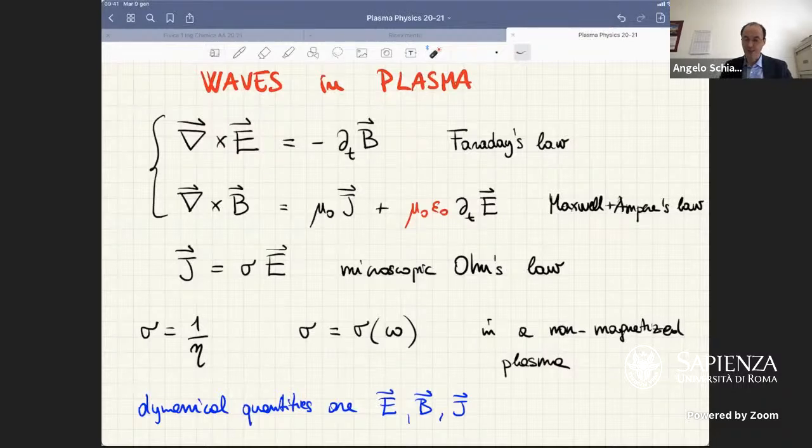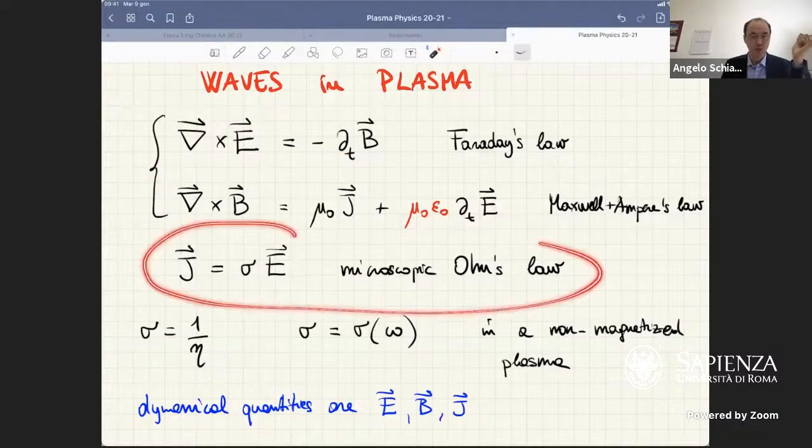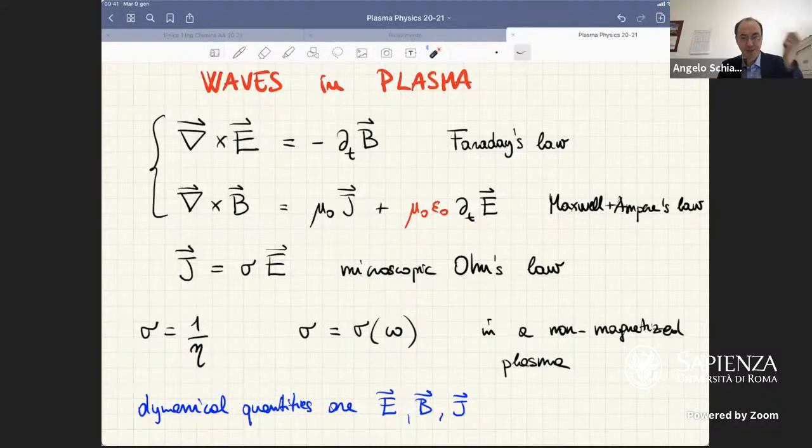So this is what we are going to obtain: a rather general form of dispersion relation, because here we just plug in the fact that in a plasma we have an electric field and a magnetic field, they have to satisfy Maxwell equations, and then we link them together with the presence of currents inside the plasma.